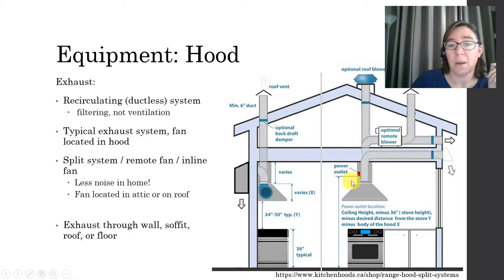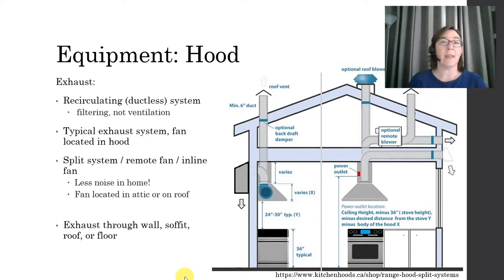So let's take a look right here. We have a typical hood installation with the fan right here in the hood, and it can vent directly out through the wall. It can vent out through the roof, or not shown, it could vent out of the soffit right here, or it could go down and out through the floor.